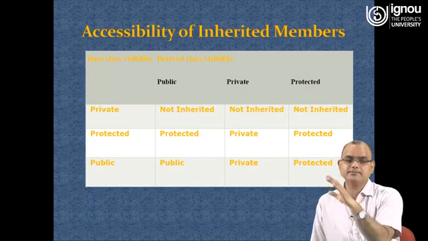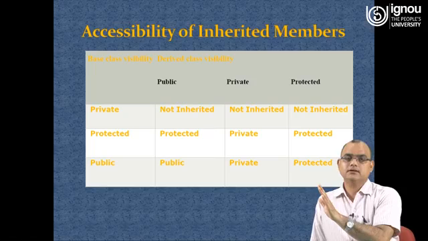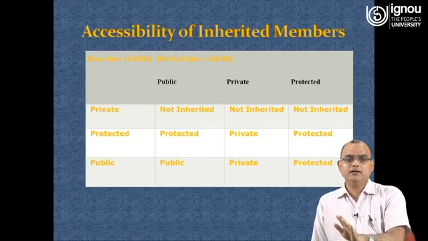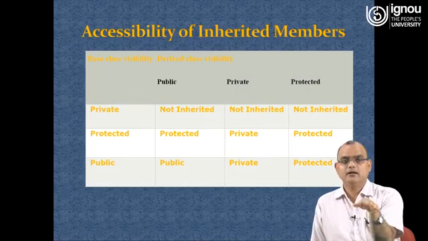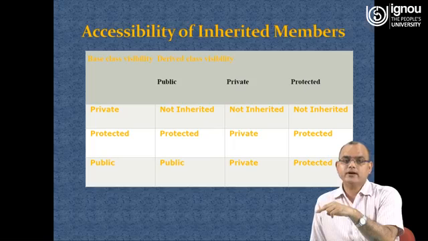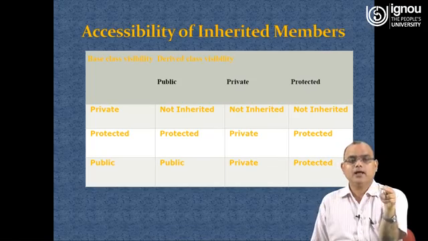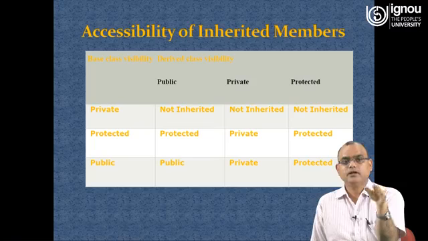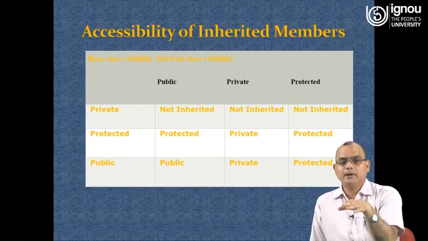It means private is private to class A only. Protected of class A will be protected in class B also, and public of class A will be public in class B also.